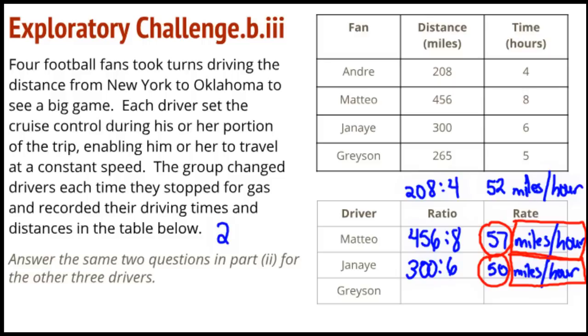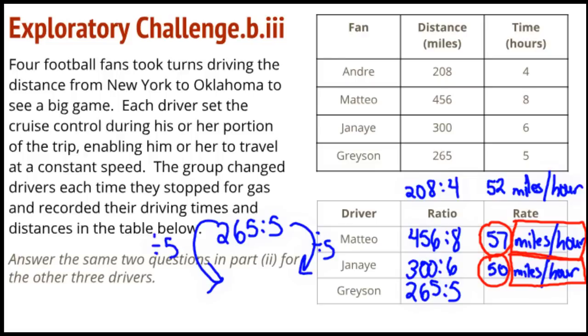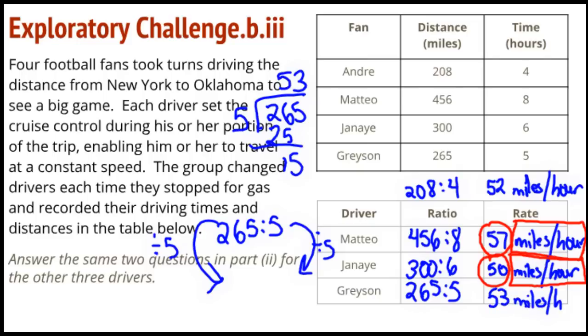All right, Grayson. Grayson is 265 to 5. And we'll scale that down by dividing by 5. 265 divided by 5. 5 times 5, 25, 15, 53. 53 miles in 1 hour.